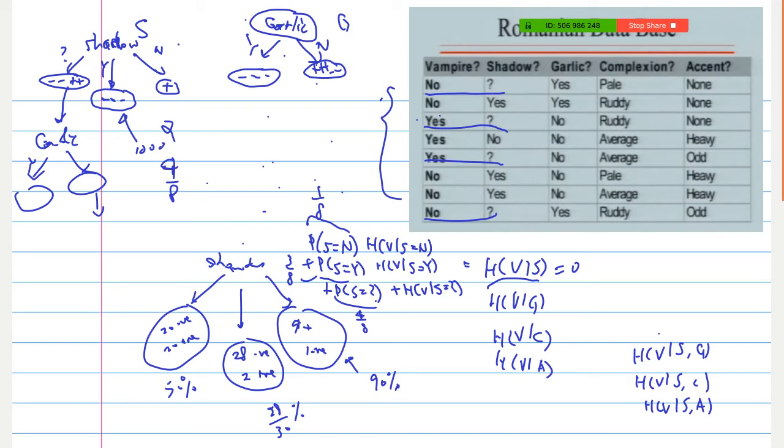How about H(V|S=Y)? There is one no over there, and then vampire is 1. So from the sample, there is one vampire.